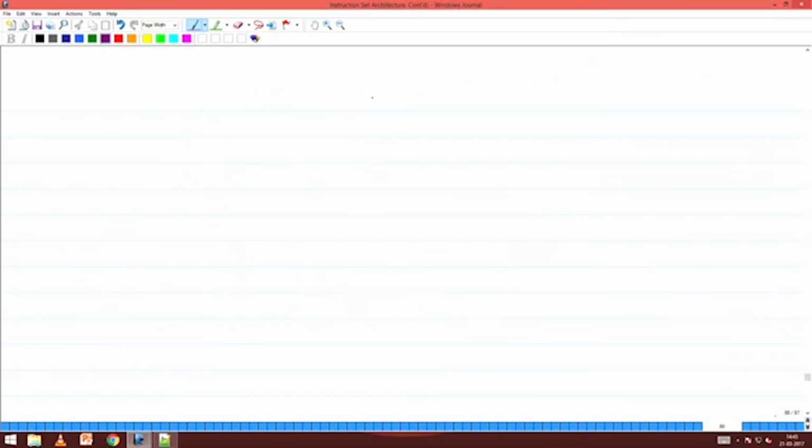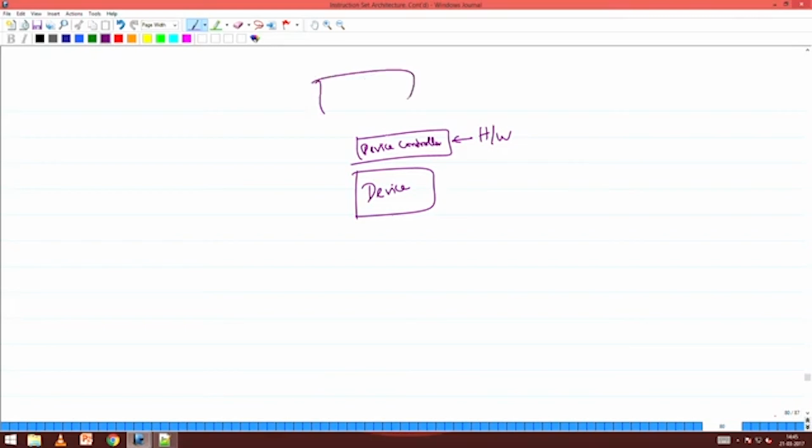The IO peripheral is split into three parts. One is the IO device itself, then there is a device controller, which is hardware, and then there is something called a device driver, which is software.